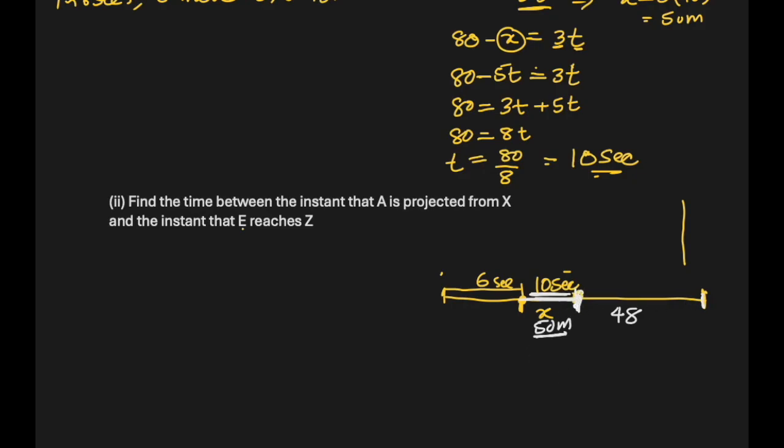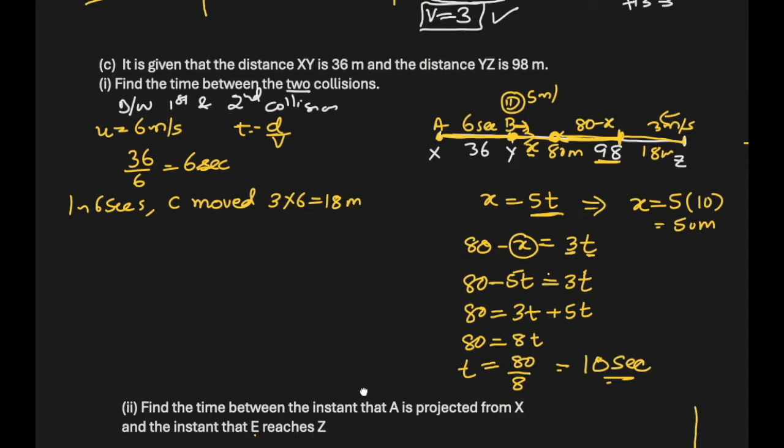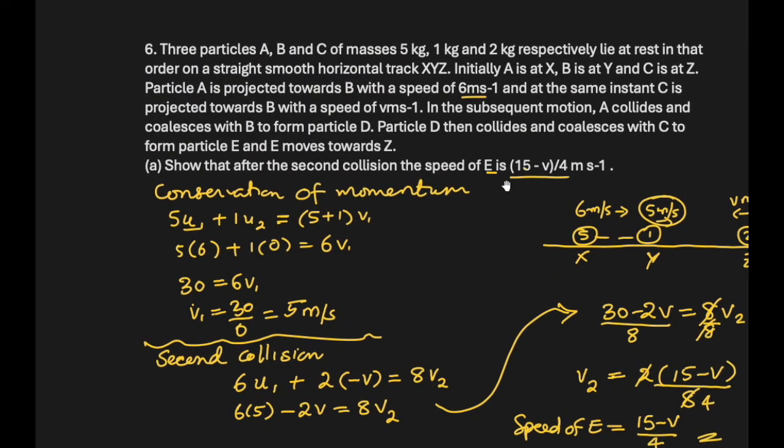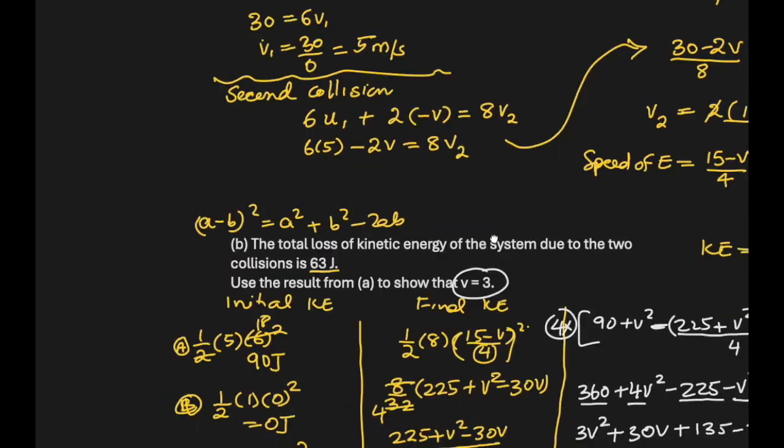Now, we know that all three particles coalesced and formed E. What was their speed when they moved this way? We found this earlier. It was 15 minus something over something: 15 minus V over 4, and V came out to be 3.